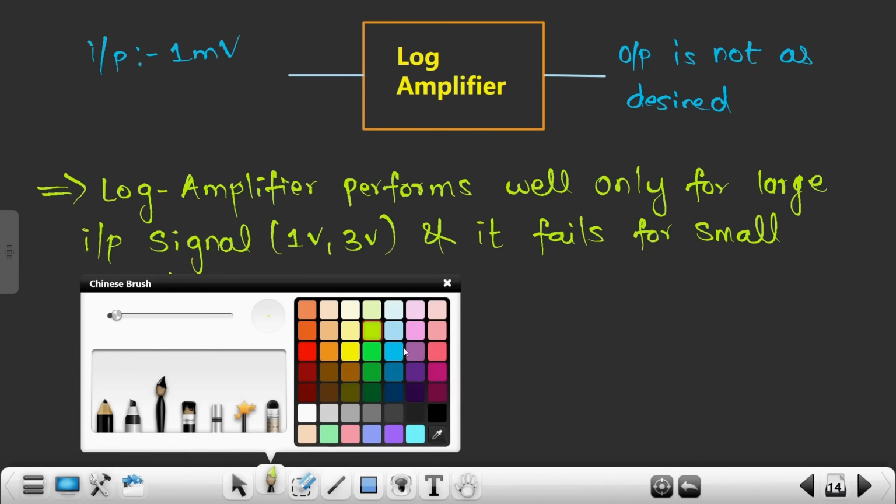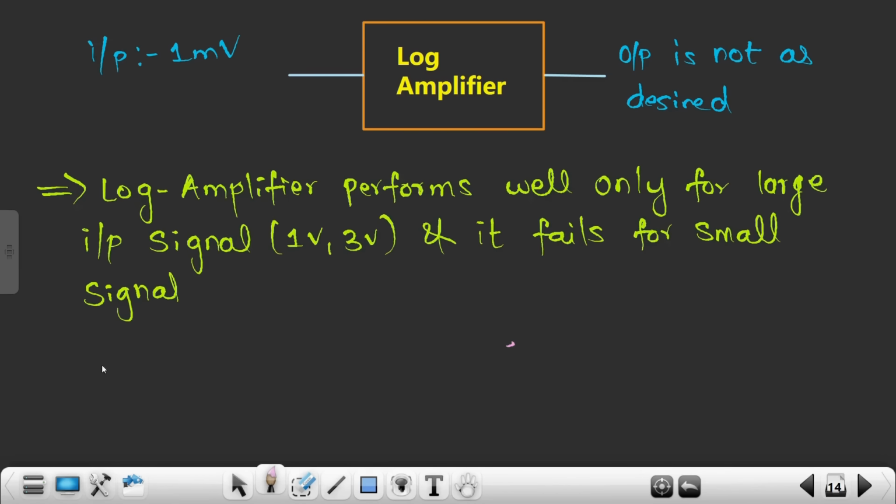And I would also like to give you one more point, that is about the anti-log amplifier. Although we had not covered anti-log amplifier in this video, no worries, I will be uploading that particular video as well. So anti-log amplifier is exactly opposite of this.